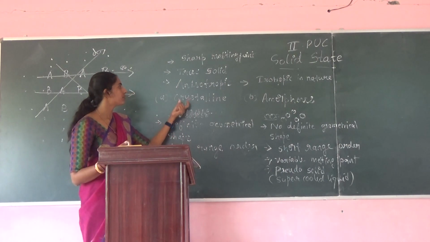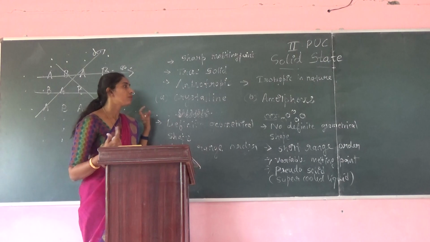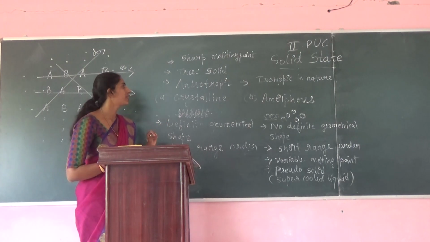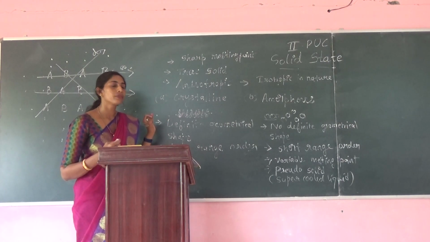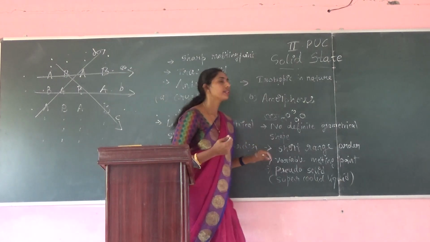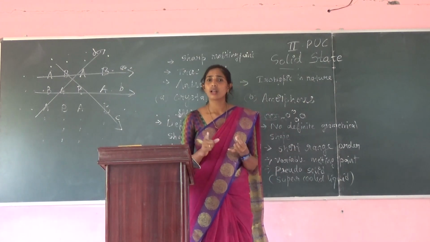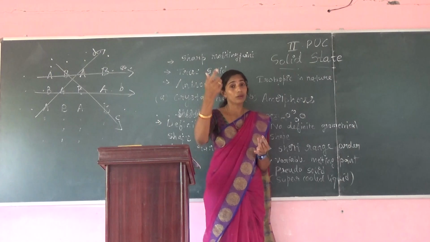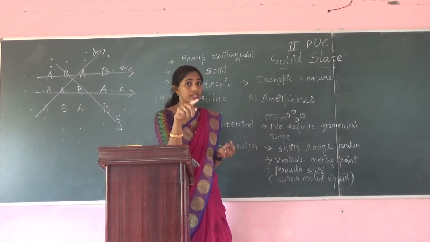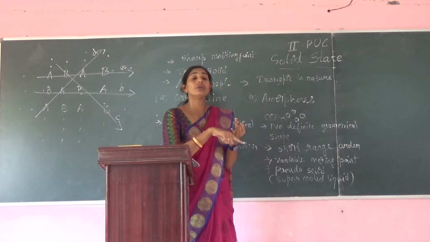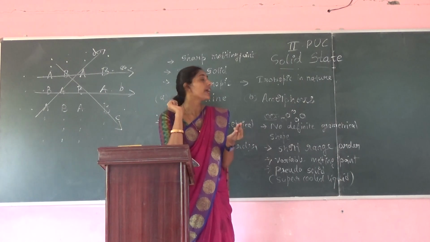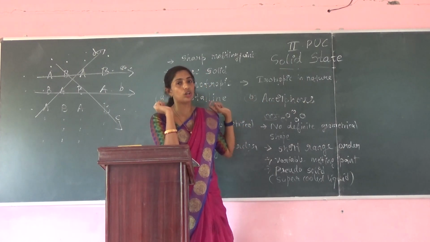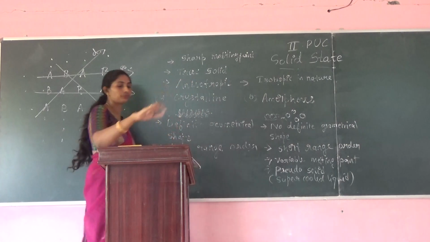Some of the metals are also examples of crystalline solids. Whereas amorphous solids are usually plastics, polymers. Under polymers itself, plastics come, rubber, glass, etc. These are examples of amorphous solids.